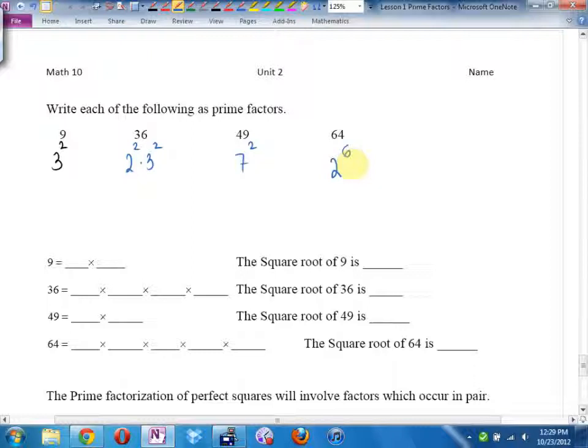Does 64 break the pattern? Because I noticed it was squared, squared, squared, squared. 6th? Or can I extend the pattern so it still fits? How can I tell that a number is a perfect square if when I write out the prime factorization, all of the exponents are what?